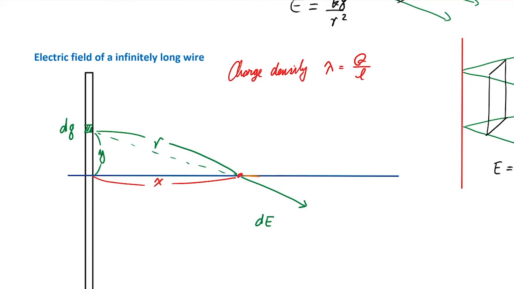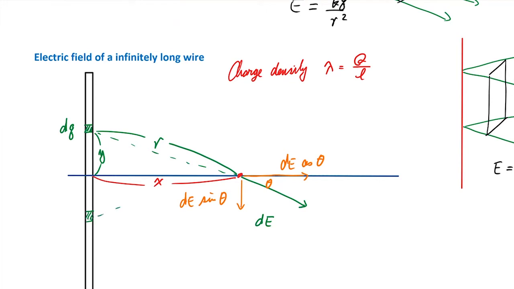So this component right here is dE cosine theta, and that angle being theta. And then this component right here is dE sine theta. Good. Now, since this is an infinitely long wire, for this dq, there has to be at an equal distance away another same amount of charge.